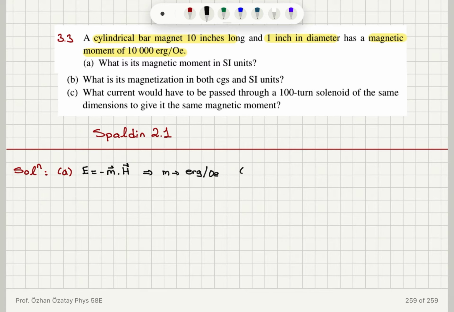So this is a CGS equation, and the CGS unit for m, ergs per oersted, is what we call electromagnetic unit, EMU.